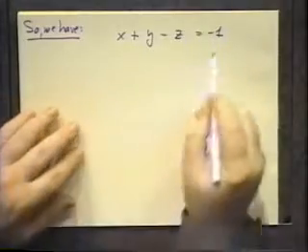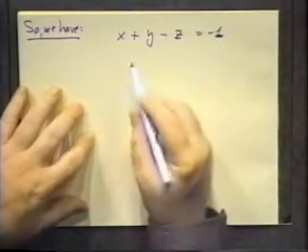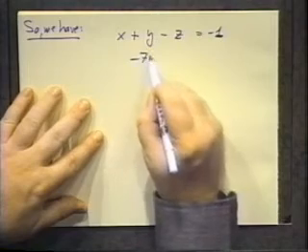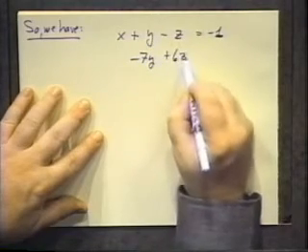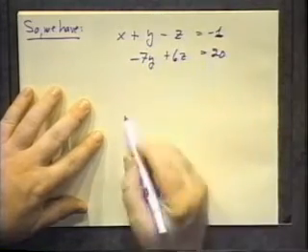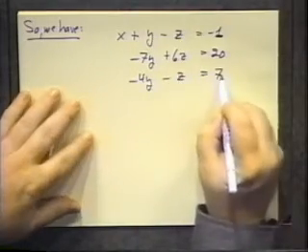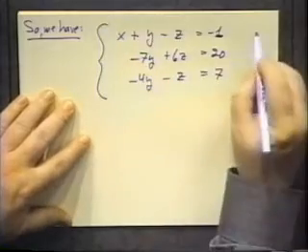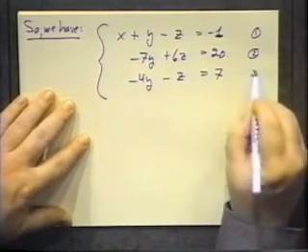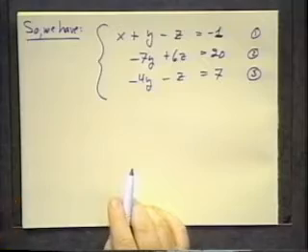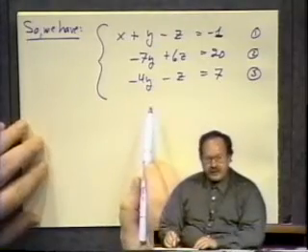That's 1 untouched from the beginning. Then the new 2, which is minus 7y plus 6z equals 20. And the new 3, which is minus 4y minus z equals 7. So this is now 1, 2, and 3. I'm just going to start labeling them that way and forget about where they came from.